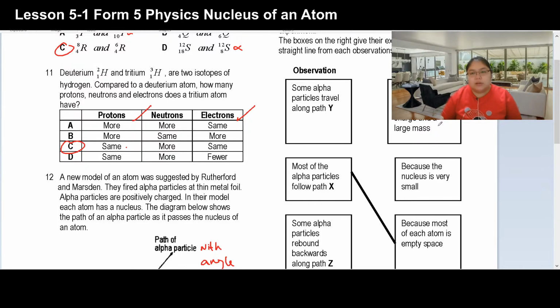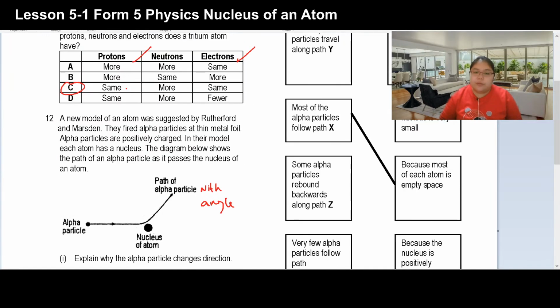So from here, which one should be the answer? Very large positive charge means they will bounce back, is it? So we can choose which one is bounced back. Some alpha particles repel backwards along path Z. So this one should be the answer.